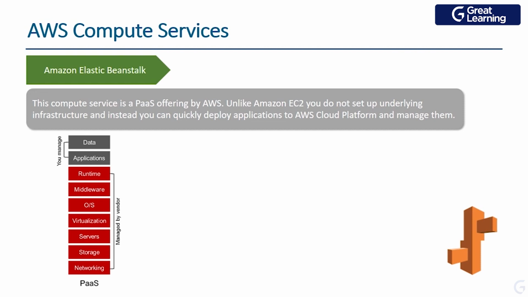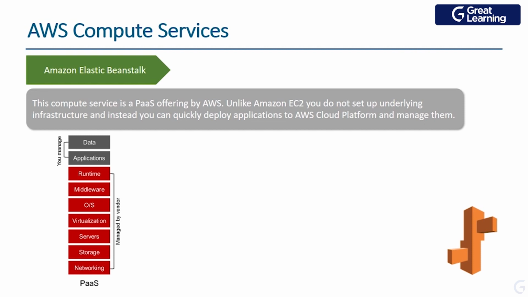So when I say PaaS offerings, here basically a complete platform is made available to you, which you can access and use using AWS. Say, for example, I have an application that is up and ready for me. I just need to move my code to AWS and start working on it. Let's assume that application is built in Python.